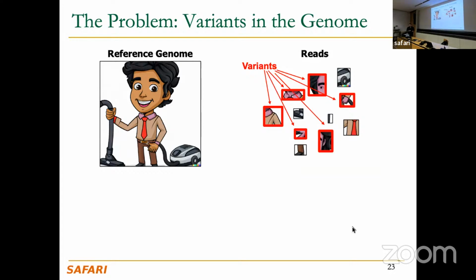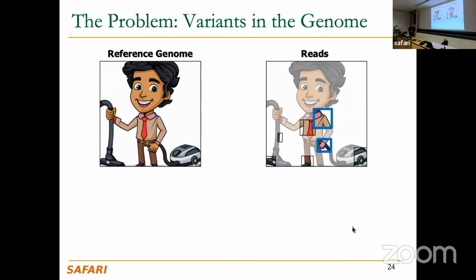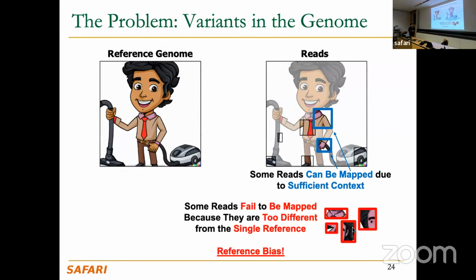There are going to be variations. You can tolerate these variations during your seeding, chaining and alignment steps, and then you can still map your reads to a reference genome. But if you have a huge variation in your read, then you may miss that read mapping to a reference genome. You may fail the mapping of a read.